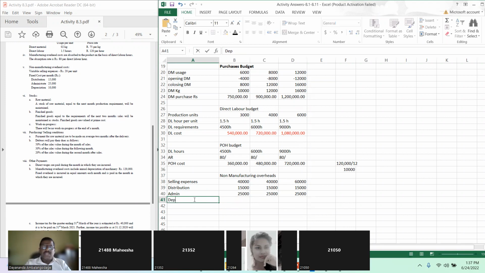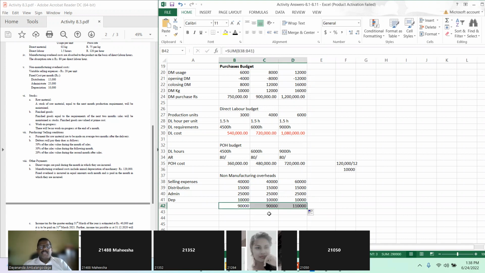Then depreciation, which is again 10,000 here, which is non-manufacturing. Earlier we talked about manufacturing depreciation. So altogether the non-manufacturing overhead budget is 90,000.